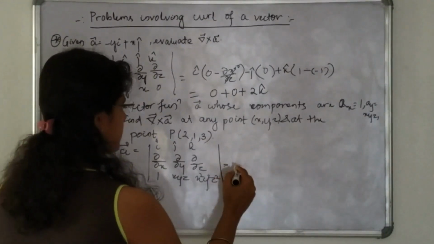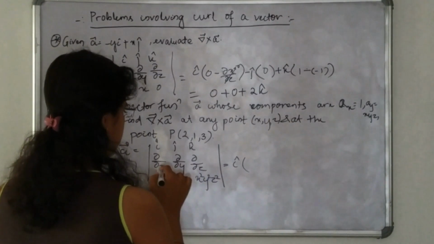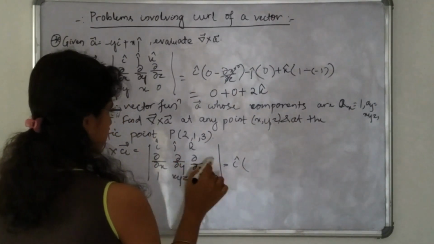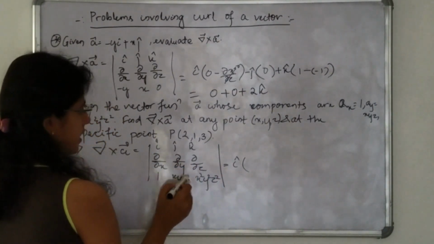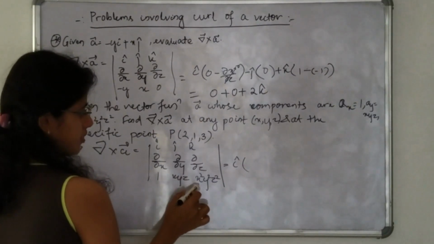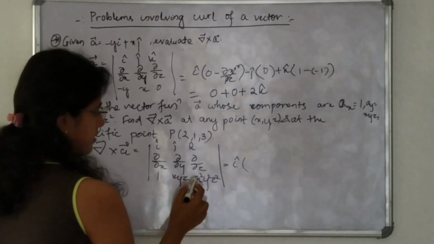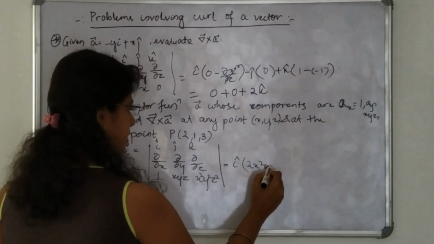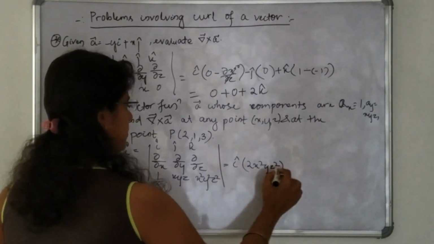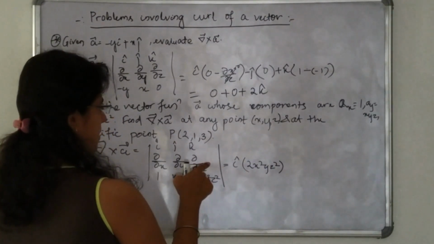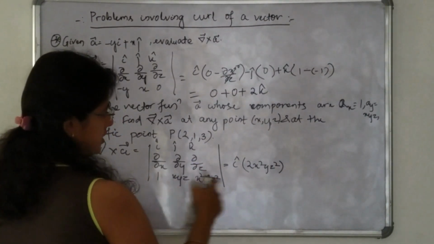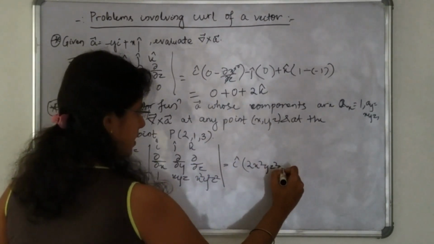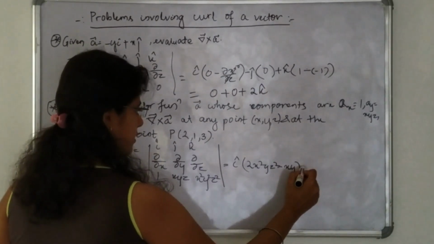And when we solve this, it is going to be i cap into del by del y of x square y square z square, that is 2x square y z square, minus del by del z of xyz. So it is minus xy.